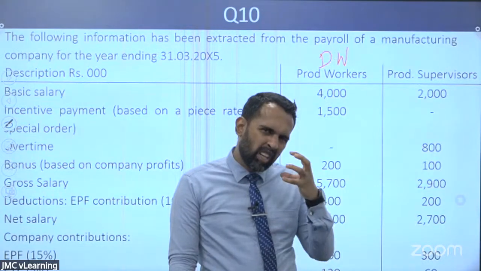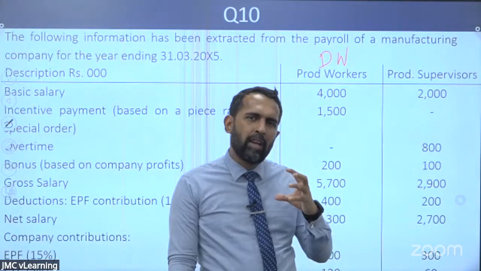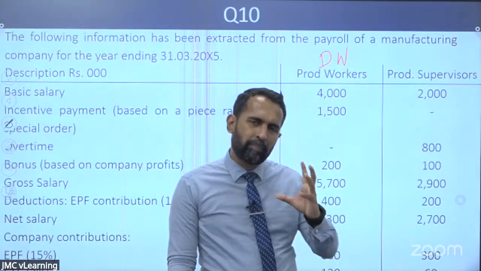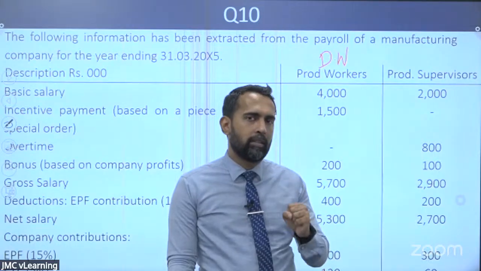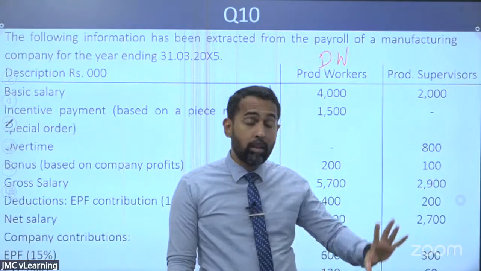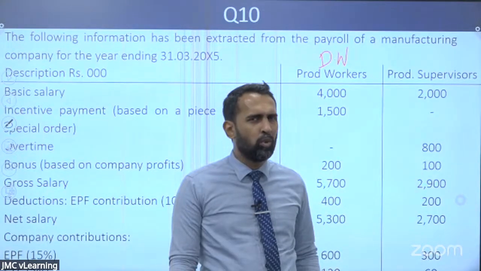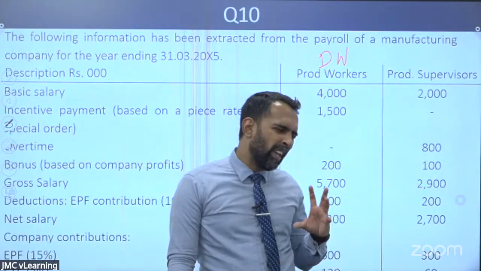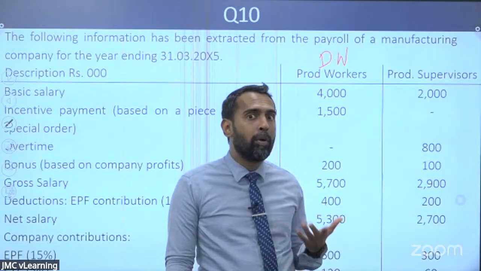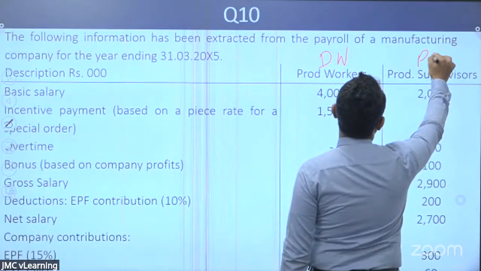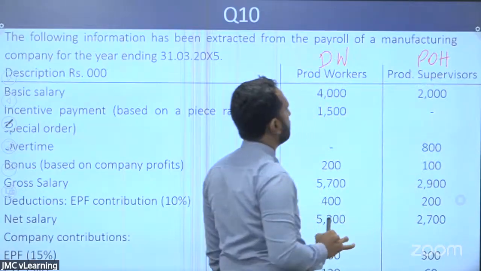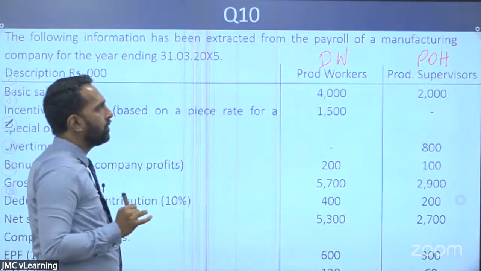They are the ones who change the shape and the composition of the product. Therefore, these are the direct employees. Supervisors do not engage in the direct production, they supervise. So therefore, they are the overheads. These are the production overheads.